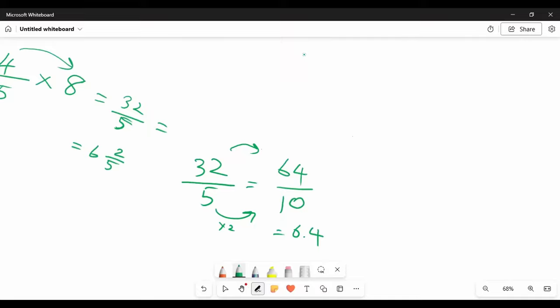Did I make sense? Like whatever number I give you, for example, let's take 18 divided by 5. What would be the answer? Try to make the denominator 10, so it will be easy for you to divide.